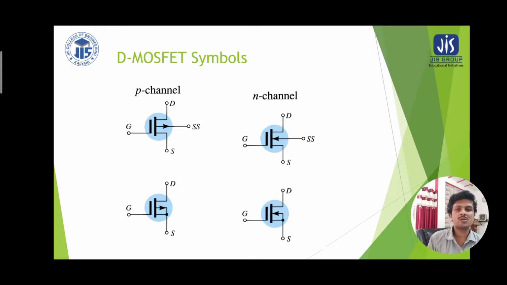The substrate is normally short circuited with the source terminal, and in case of N channel, we see the arrow direction of the substrate terminal is reversed compared to the P channel, and also in N channel we keep the substrate terminal short circuited with the source terminal. So this is all about the D MOSFET symbols.